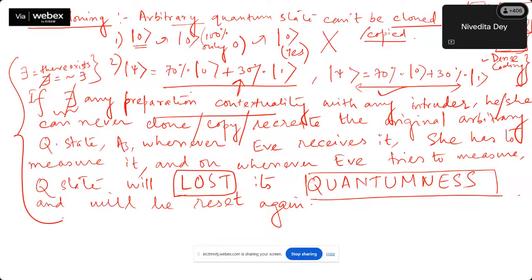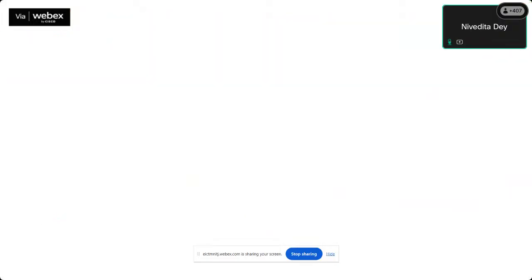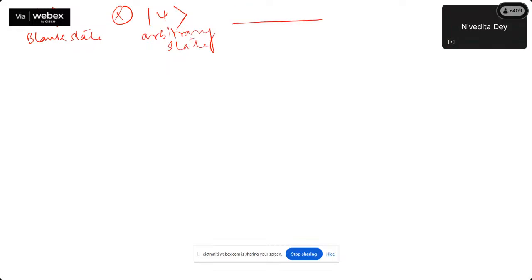Right? Now say we have ket 0, which is a blank state, and there is an arbitrary quantum state psi, which I want to map using some unitary operator U, because I want to clone. So this is the copy machine or cloning machine.